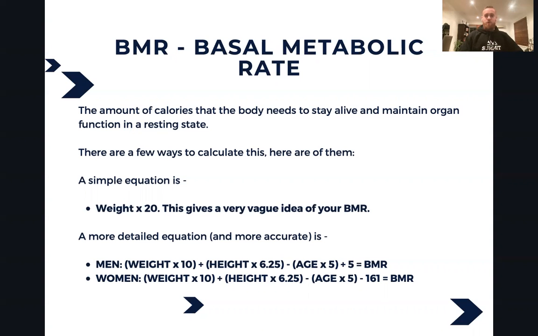So your base rate will be naturally lower than the males. But of course, everyone's BMR will be different depending on their personal situation. So weight times 10, height times 6.25, age times 5, and then you either plus 5 for males or minus 161, and that should give you your BMR.